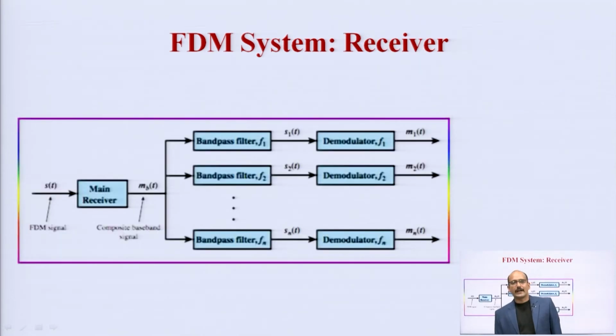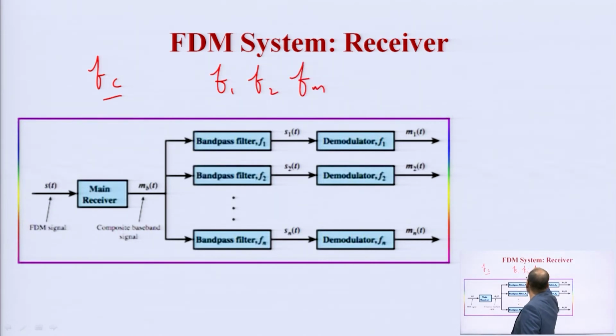Similarly, at the receiver side we have an FDM system receiver. As at the transmitter side we use an Fc carrier frequency for the composite and F1, F2, Fn subcarrier frequencies for the various users, we make the same arrangement, or coherent detection, at the receiver side. We get this FDM signal, and the receiver locally generates this Fc carrier frequency to demodulate the composite signal. This is the composite baseband signal MB(t).